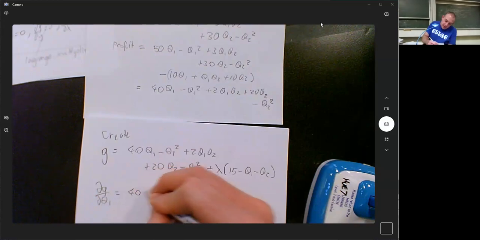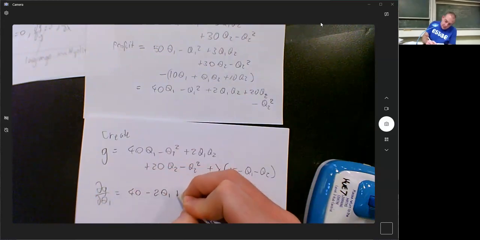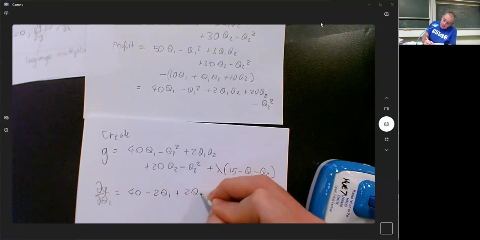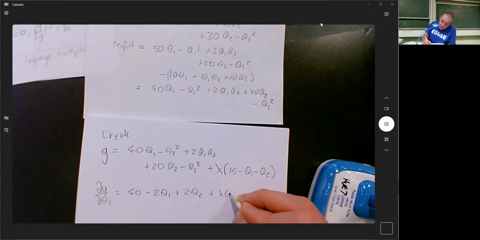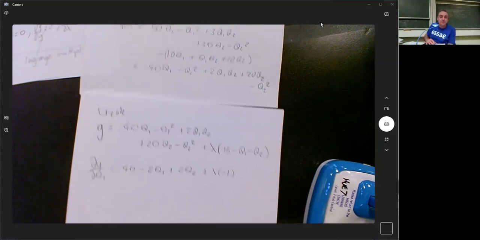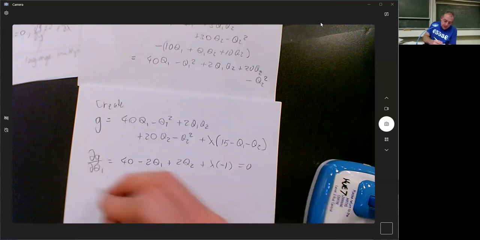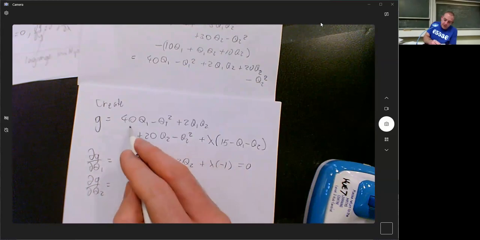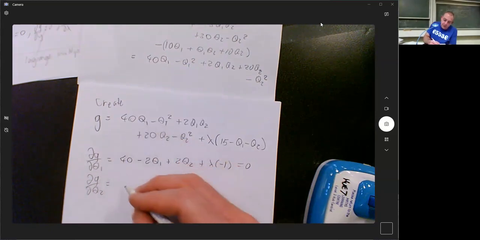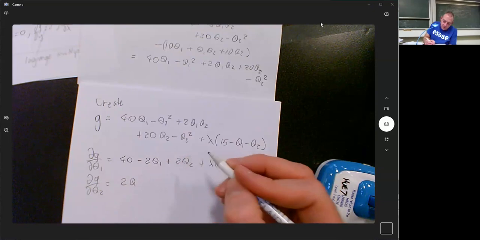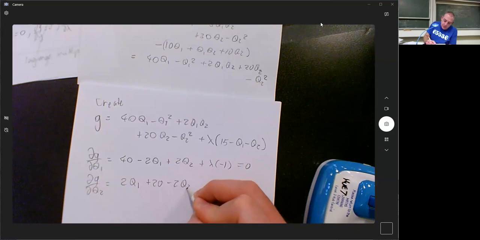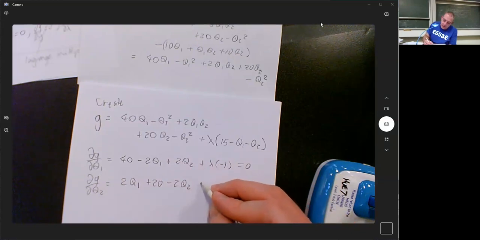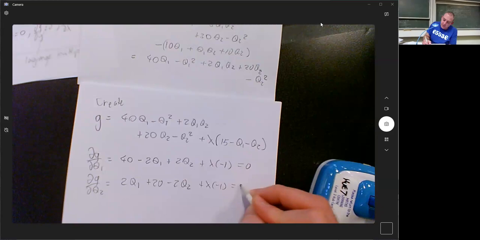So we'll have a 40 minus a 2q1 plus a 2q2. And these don't have q1s in them, so they're gone. And then the lambda is still there, and there'll be a minus 1 to go with that q1. And dg on dq2, that doesn't have any q2s. We'll have 2q1, and then a 20, and then a minus 2q2, and then it'll be plus lambda and also minus 1, and that's supposed to be equal to 0.